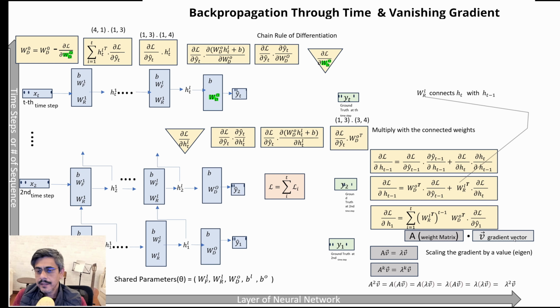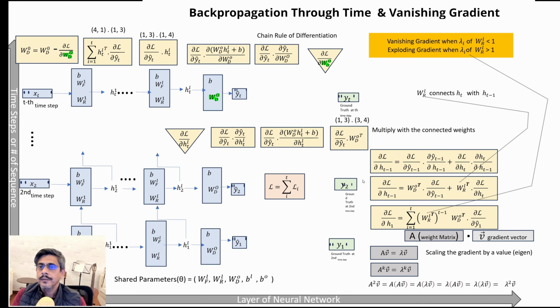So now we said that when the eigenvalues are less than 1, then the impact of the multiplication is that there is no gradient at all. The gradient vanishes. Therefore, if we go to this step, you can see that the update of the weight with the gradient doesn't happen. So the weight never gets updated.